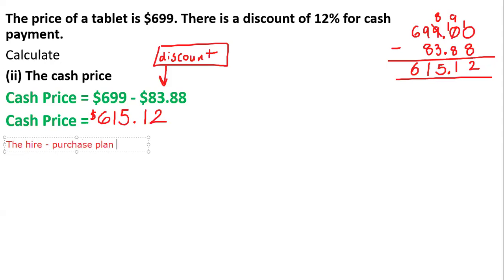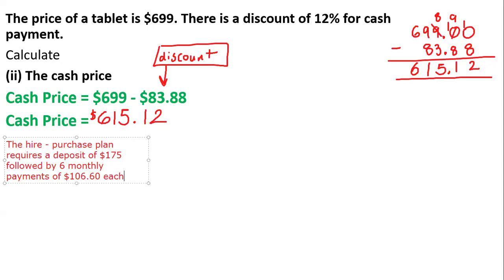So this hire purchase plan requires a deposit of $175, followed by 6 monthly payments of $106.60 each.